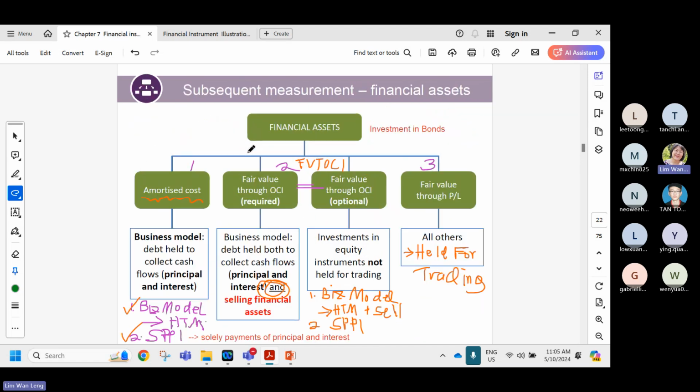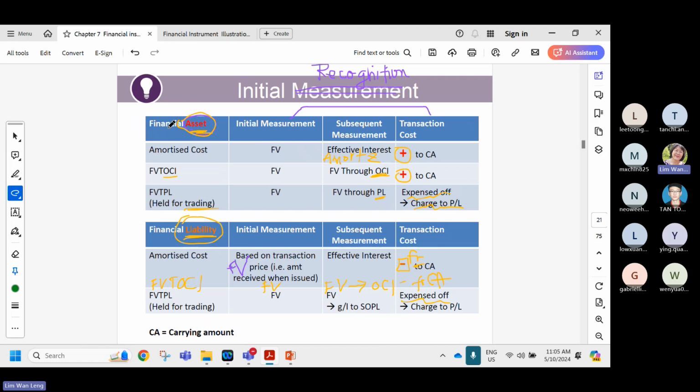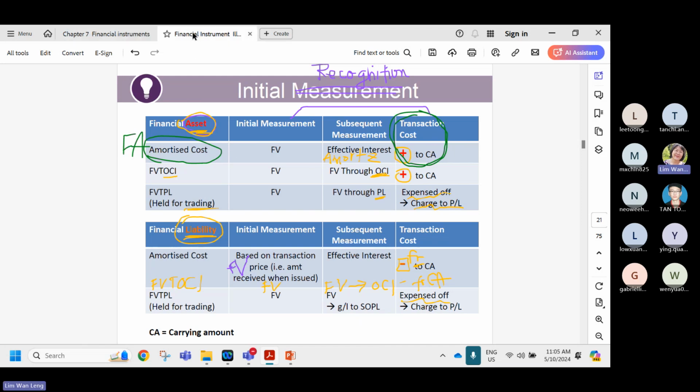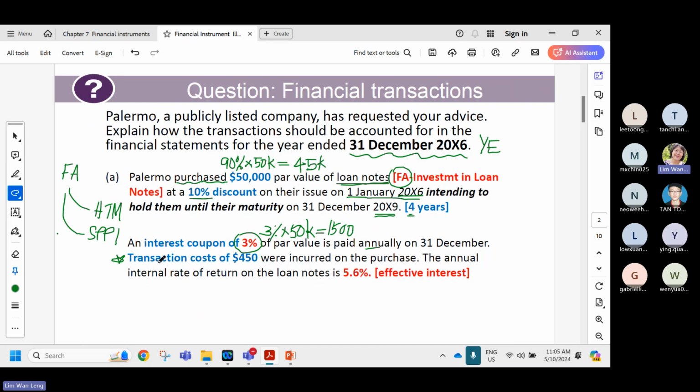Since we are looking at a financial asset, and my guess is that the characteristics to measure them at amortized cost will be fulfilled, and now you incur transaction costs. So the transaction costs should be added to the carrying amount of the financial asset.